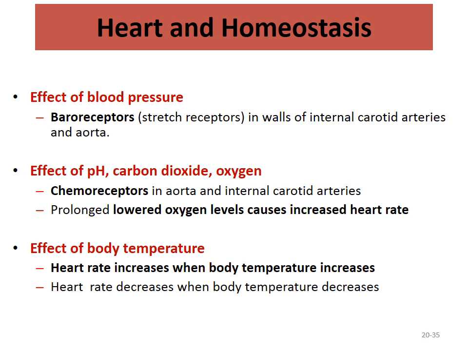We've already talked about the effect of blood pressure on baroreceptors and the baroreceptor response to the heart rate. We also have chemoreceptors, also located in the aortic arch and in the carotid arteries, and the chemoreceptors will respond to the change in pH and levels of carbon dioxide and oxygen within the blood.